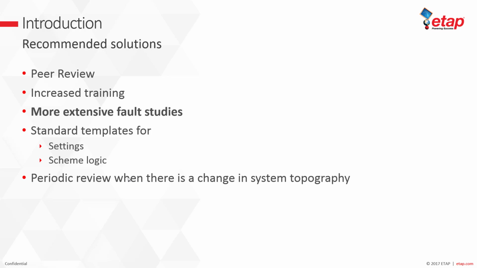Several solutions have been proposed by the NERC report, including peer review, increased training of protection engineers who set and test relays, more extensive fault studies, standard templates for settings and scheme logic, and also a periodic review of protection settings when there is a change in system topology.